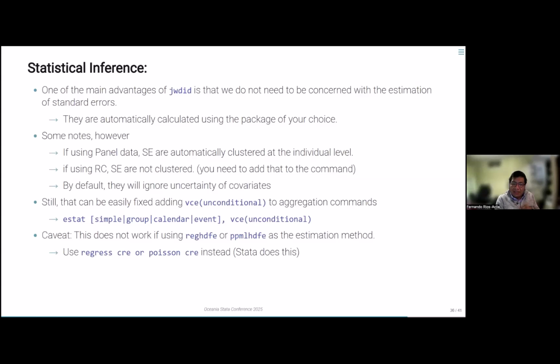That is valid and possible, but only if you do not absorb fixed effects. So if you use something like reghdfe, which is the default, or ppmlhdfe, you cannot use unconditional standard errors to estimate the aggregate average treatment effects.